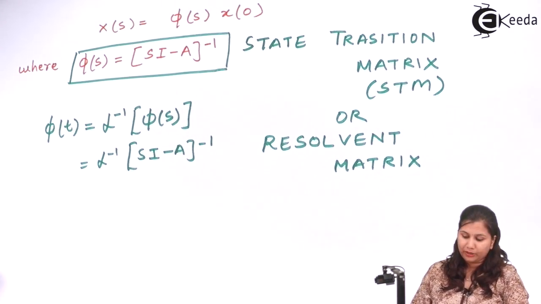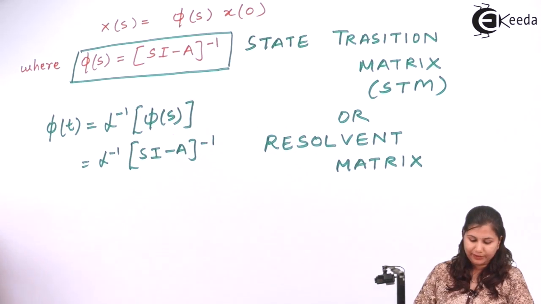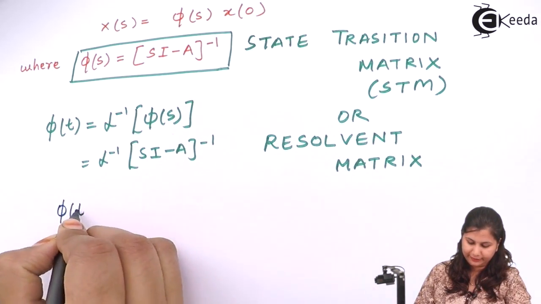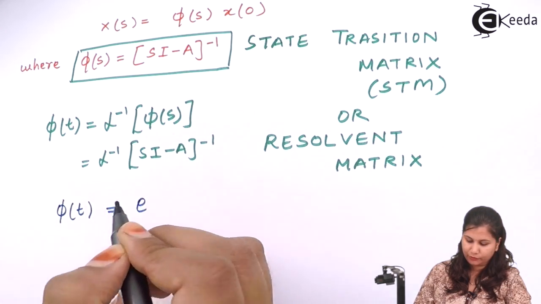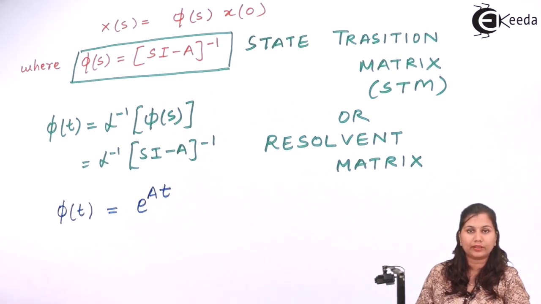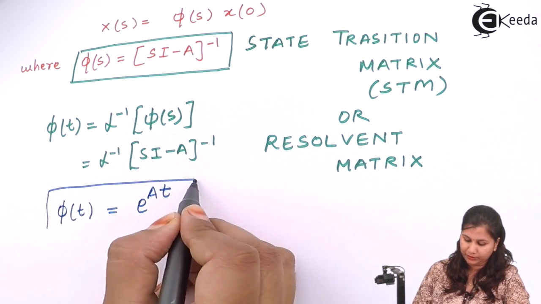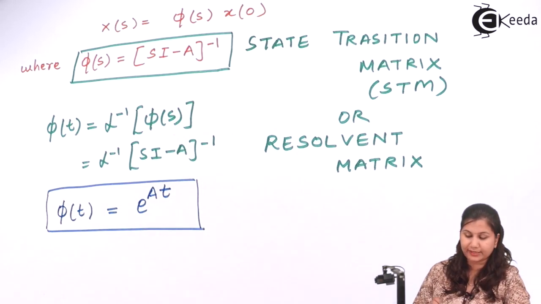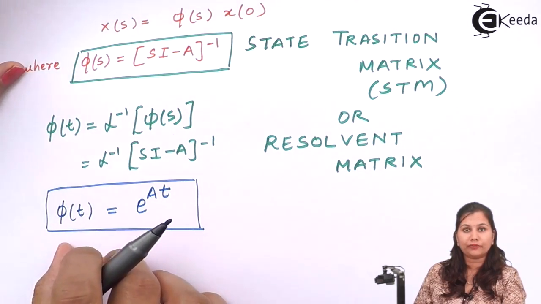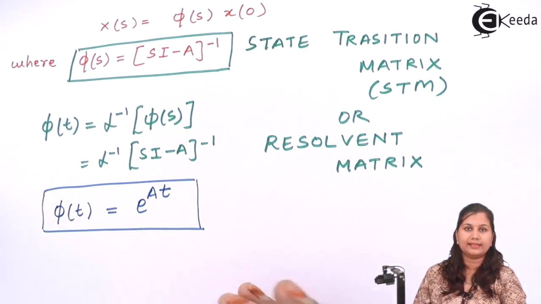Let's study them, because if we take the inverse Laplace transform, this state transition matrix phi t comes out to be e raised to the power A t. This is another formula for the state transition matrix. Let us study those properties.